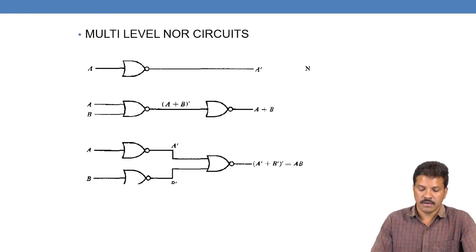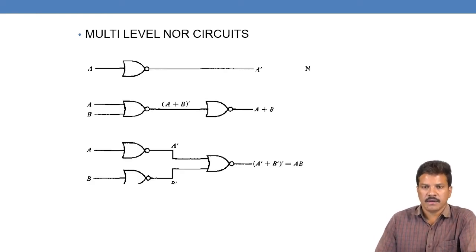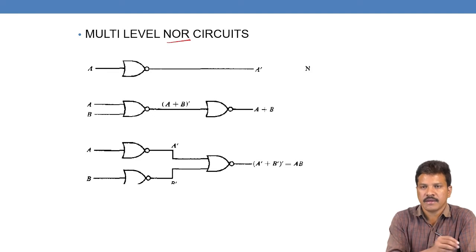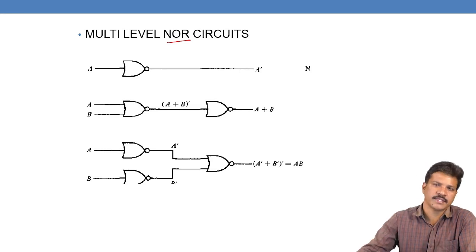And then the second approach is to convert this multi-level gate into a multi-level NOR gate. So not only can we convert this AND-OR-inverter into NAND gates, we also have NOR gates readily available. NOR gate ICs are also available.